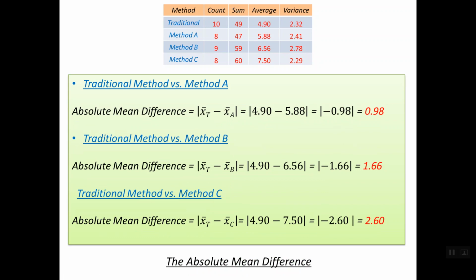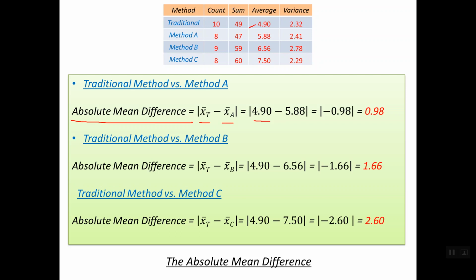Simply, we can calculate the absolute mean difference between the traditional method and the other methods. First of all, regarding the traditional method and method A, the absolute mean difference is equal to the absolute value of the average of the traditional method, which is the control group, minus the average of method A. The average of the traditional group, or the control group, is 4.90.